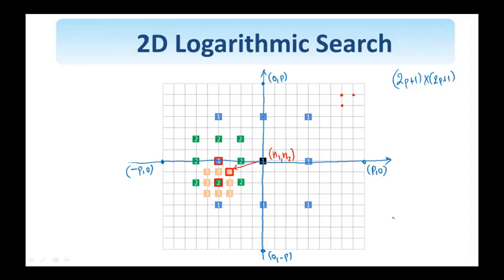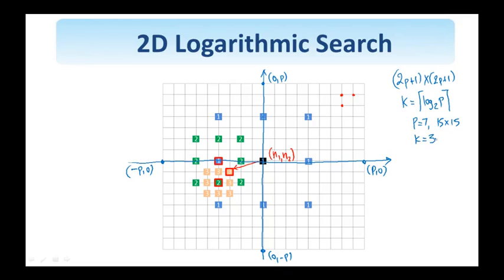And then let's denote by K the log base 2 of P, and let's take the ceiling here. So for this specific example I show here, P equals 7, therefore this is a 15 by 15 pixel search region, and also K equals 3.